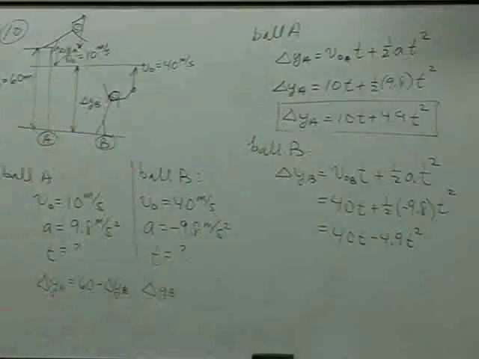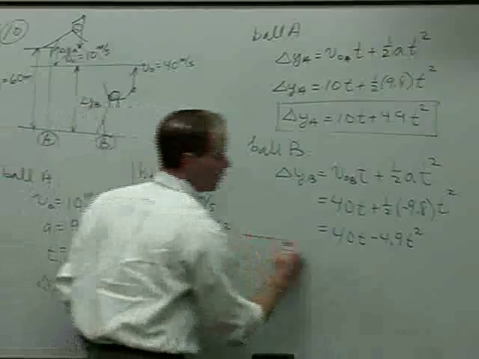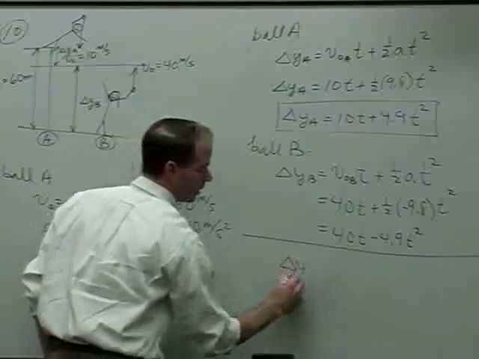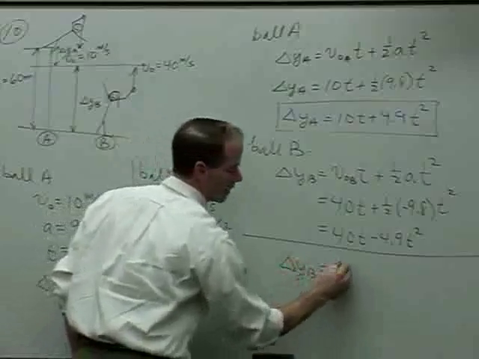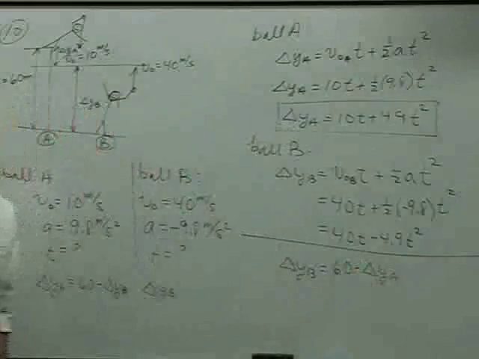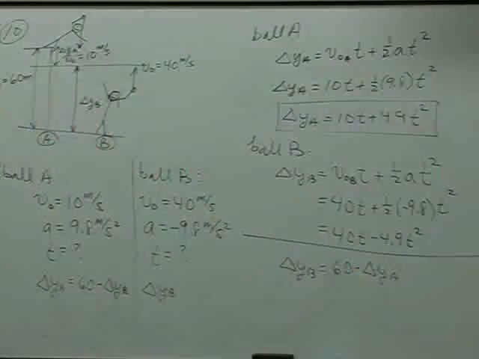Same t. I do know that delta yb is equal to 60 minus delta ya. That's going to be my key in this problem, related, and also the fact that time is the same.